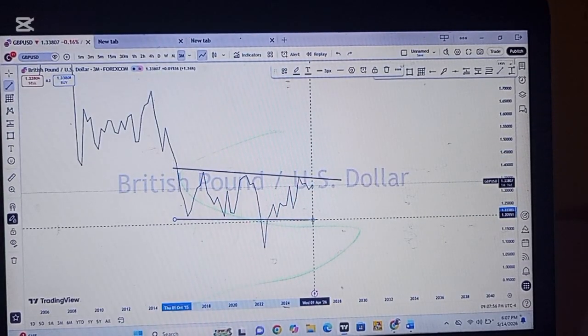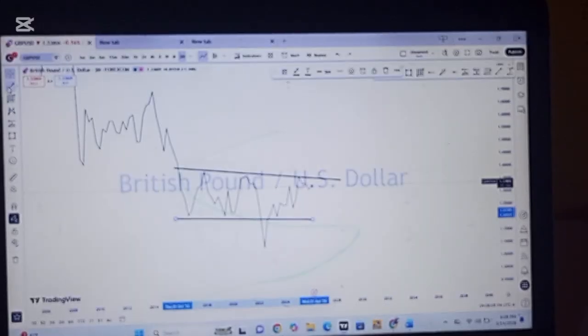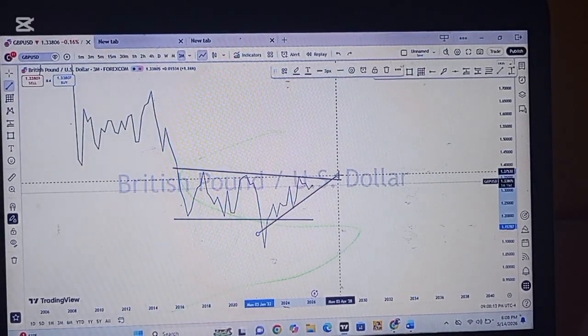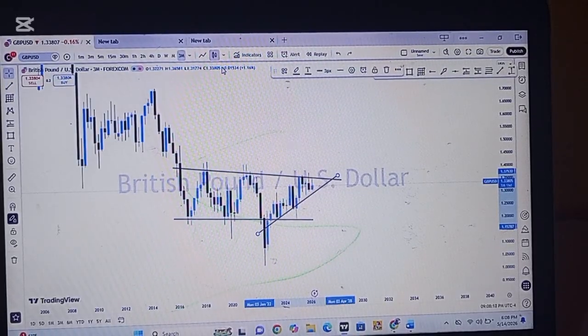So we're neither forming higher highs, higher lows. We're just in this consolidation phase right here. And we still have another structure here. So that is what I am seeing in regards to market structure.